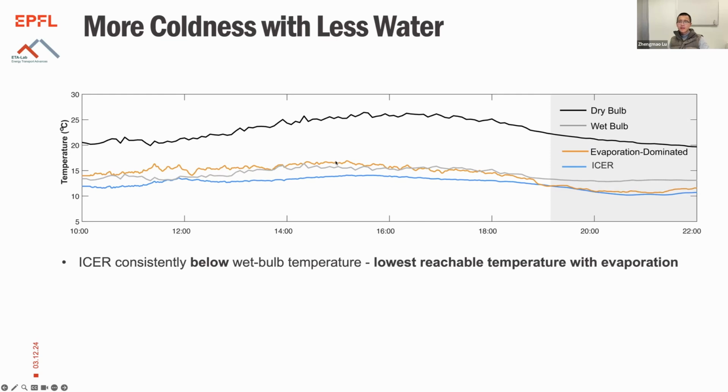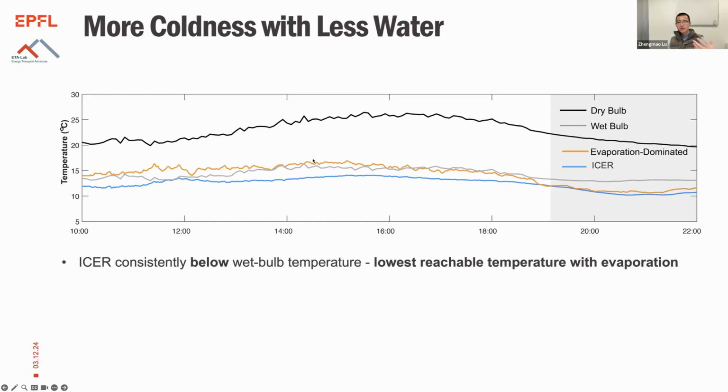Our orange line is the evaporation dominated cooling sample, which is already showing a respectable amount of cooling. And the ICER, the blue, is staying at even lower temperature. And importantly, it's consistently below the wet bulb temperature. So that's the lowest reachable temperature with evaporation.